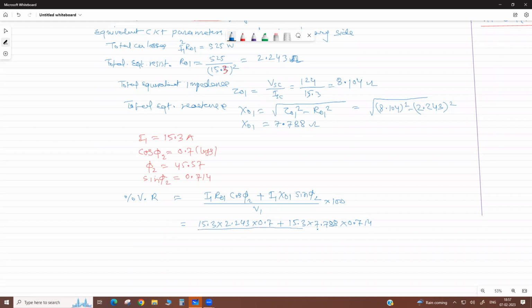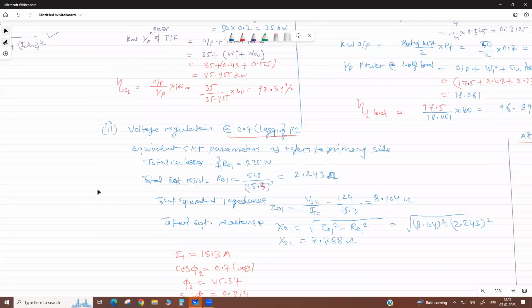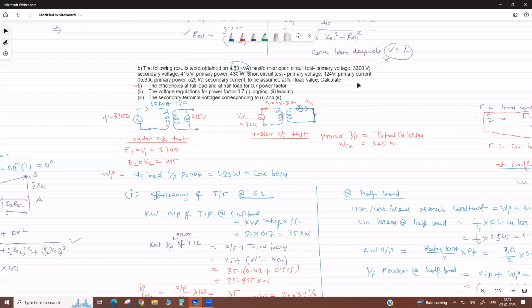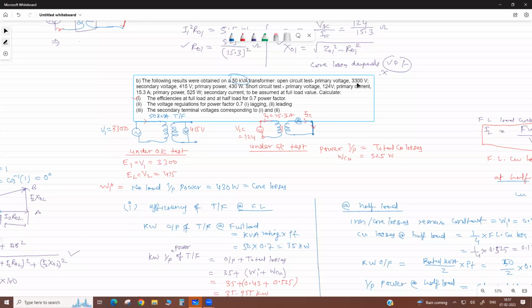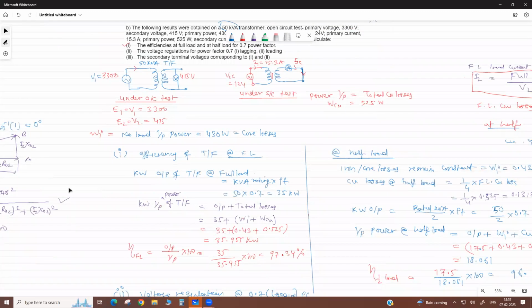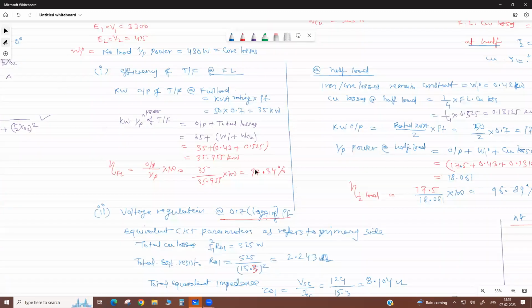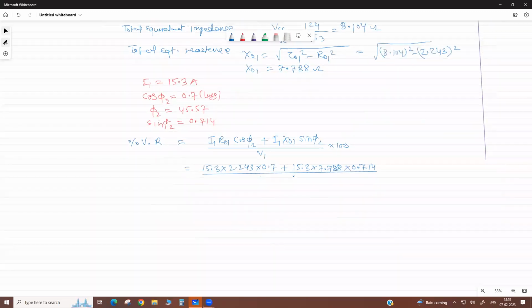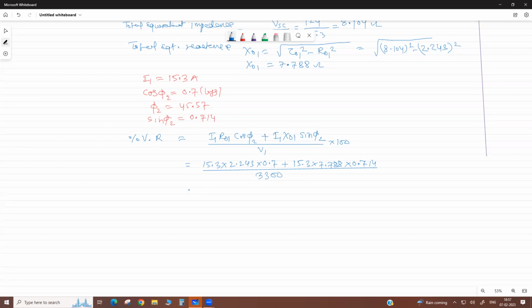Divide by V1, which is the no load rated voltage, your transformer rating. Your primary is 3300 and secondary is 410. With respect to the primary side, you write here 3300 volt.